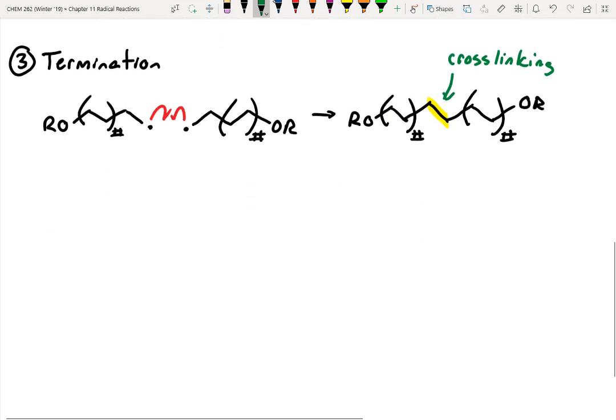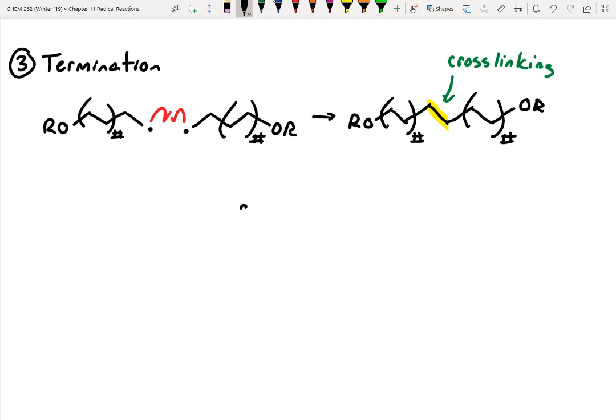Alternatively, you could have a different one where you still have the same radical floating around, but maybe you've got more of another radical floating around, and these 2 could bump into one another and form a new covalent bond.